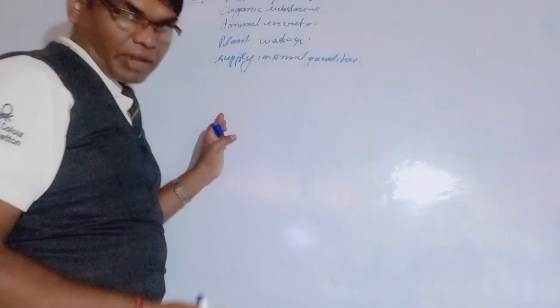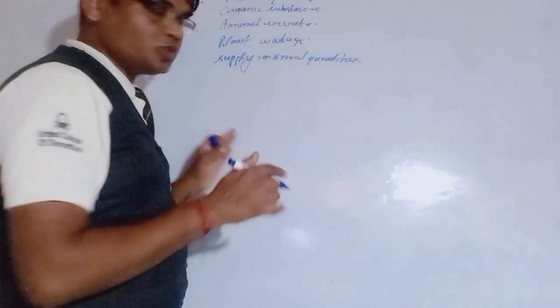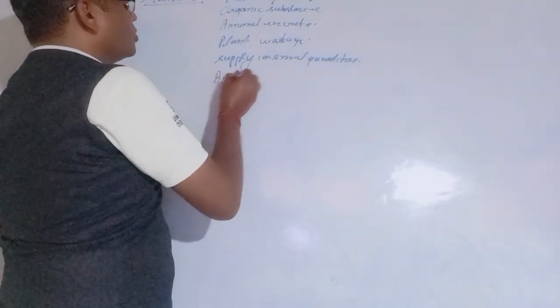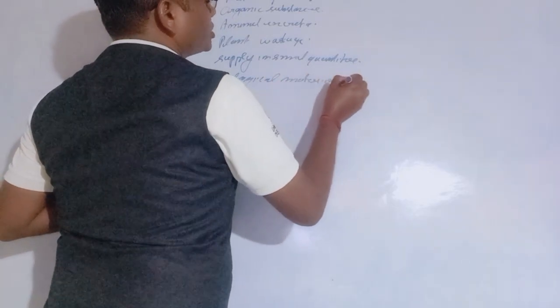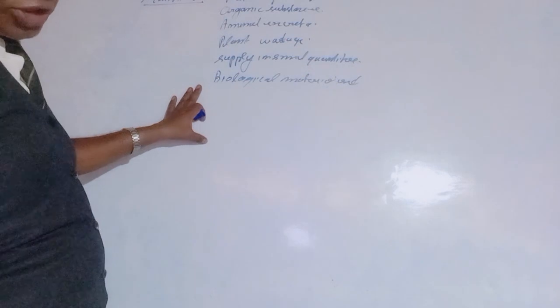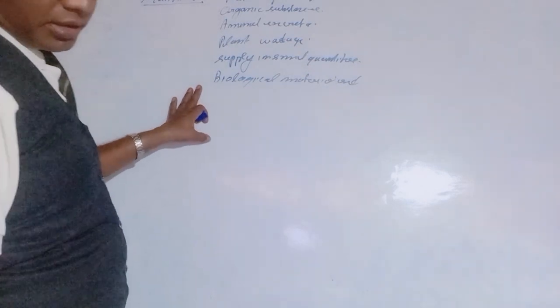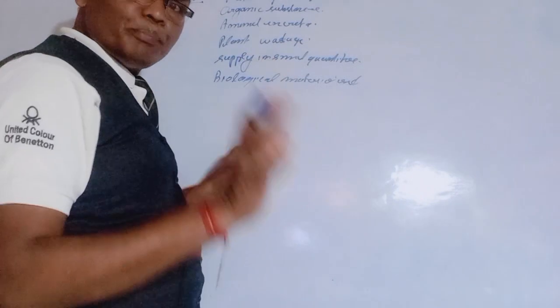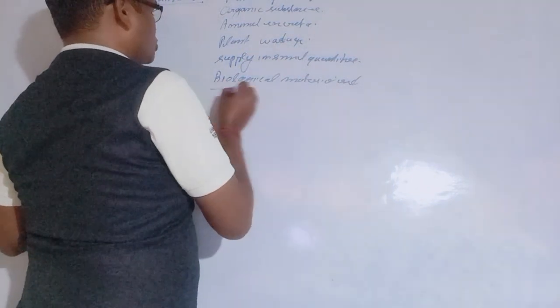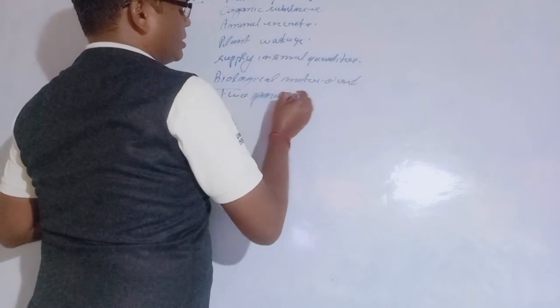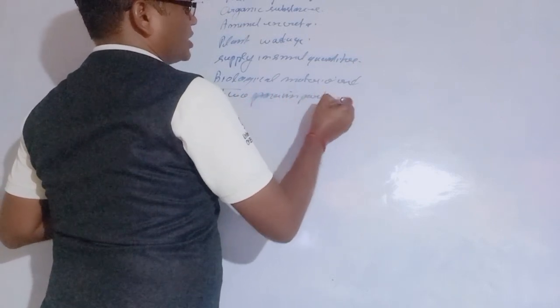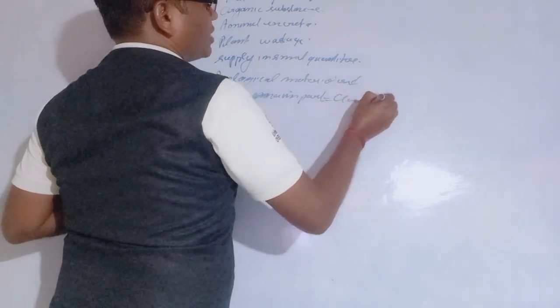Based on the types of biological material used, manures are further classified into two main parts.